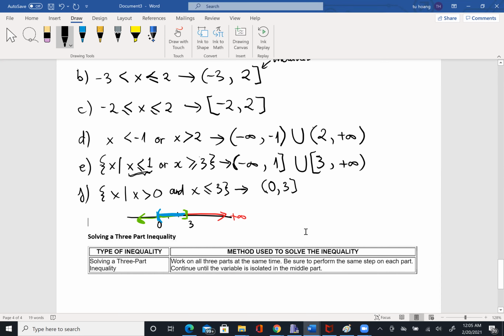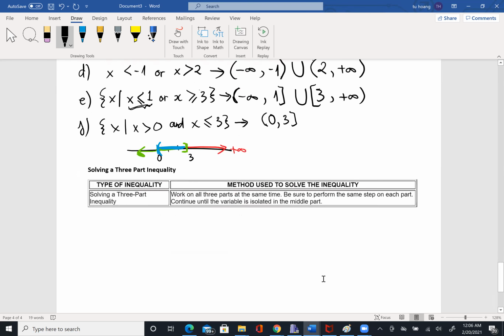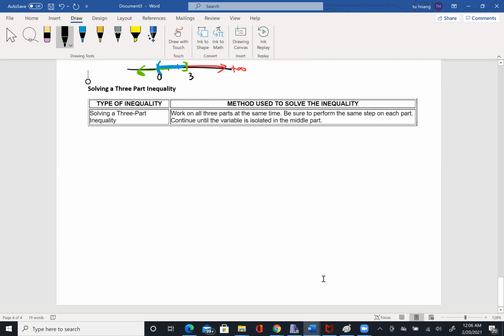So how to solve a three-part inequality? I'm going to work on all three parts at the same time and be sure to perform the same step on each part. Continue until the variable is isolated in the middle part. Let's see an example for a three-part inequality and how to solve it.